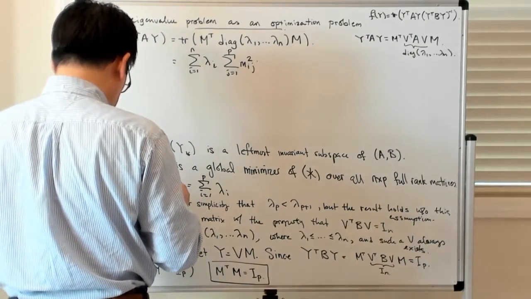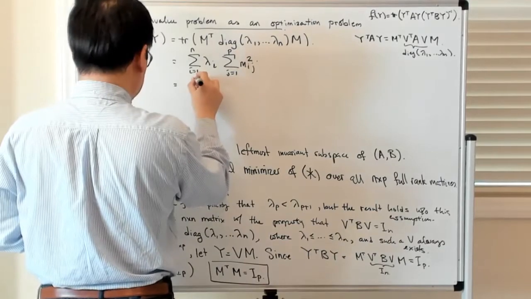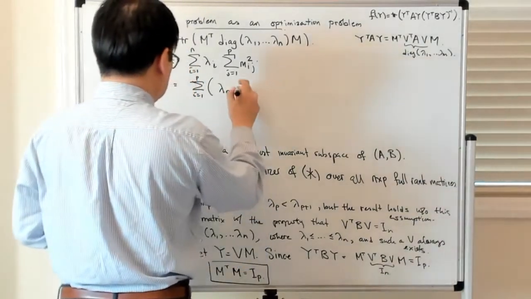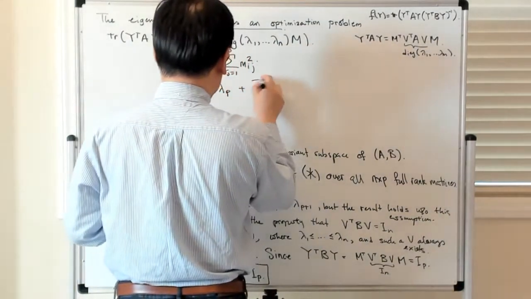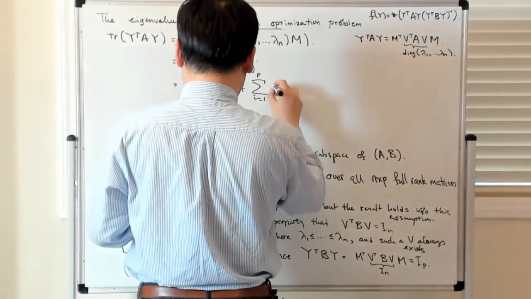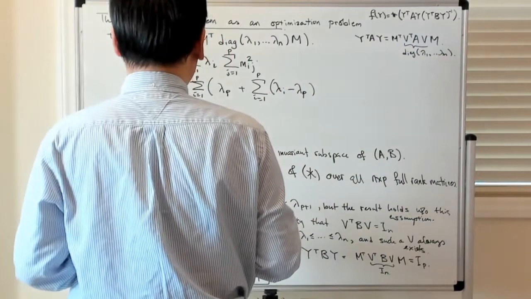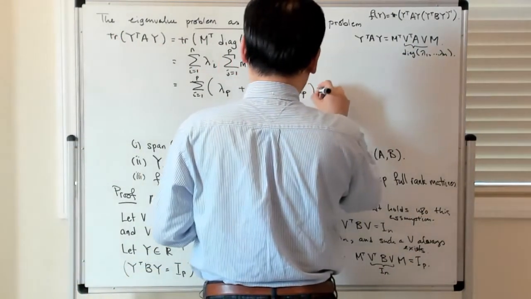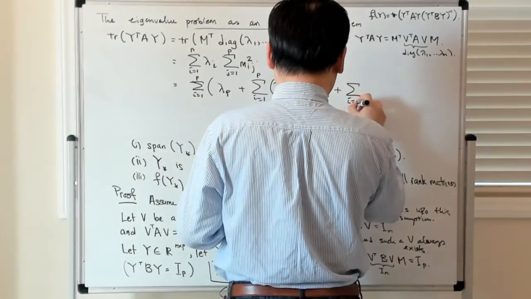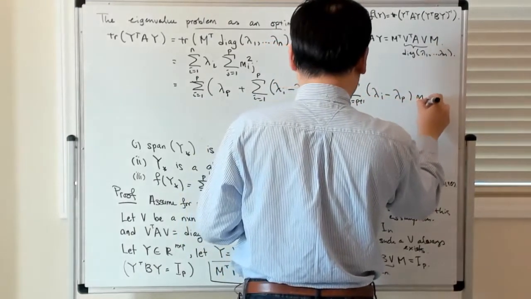Okay, so I can write this as the sum from i equals 1 to p of lambda p, plus the sum from i equals 1 to p of lambda i minus lambda p times m_ij squared, plus the sum from i equals p plus 1 to n of lambda i minus lambda p times m_ij squared.